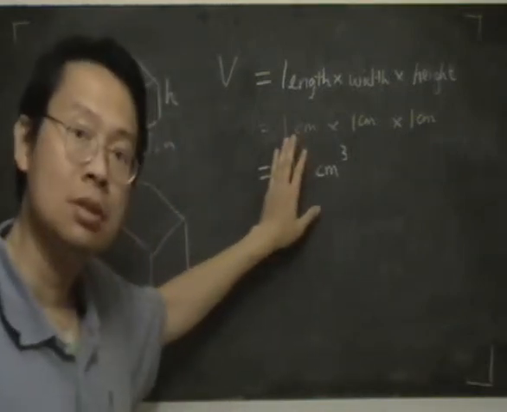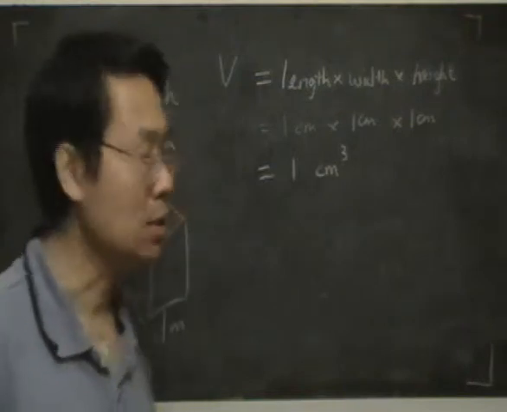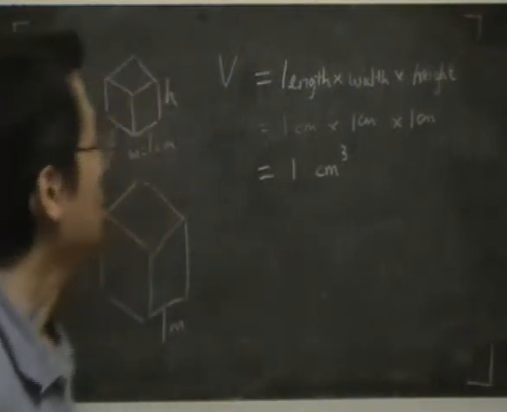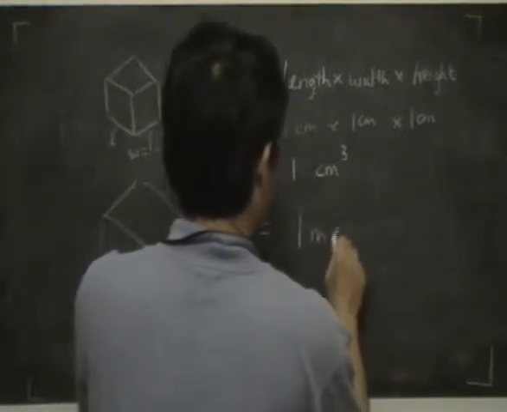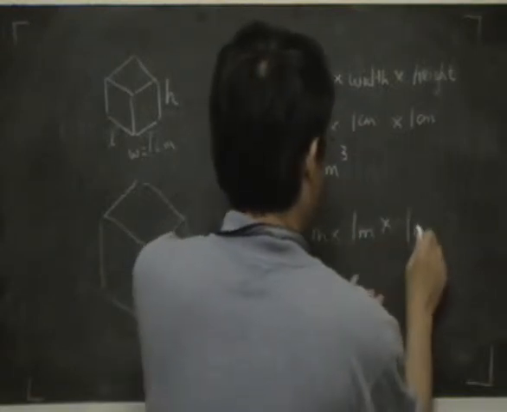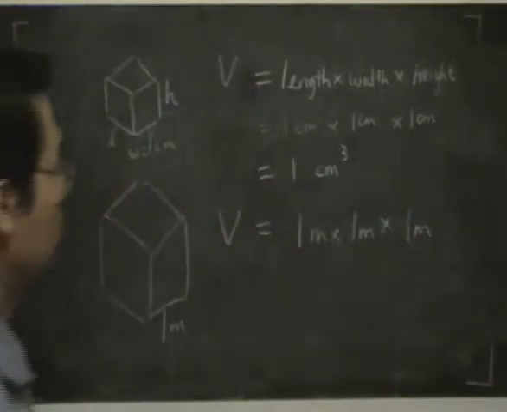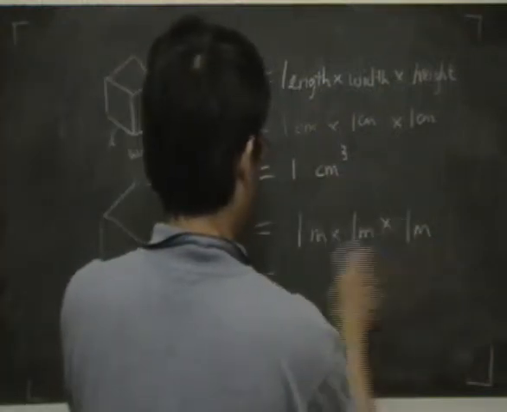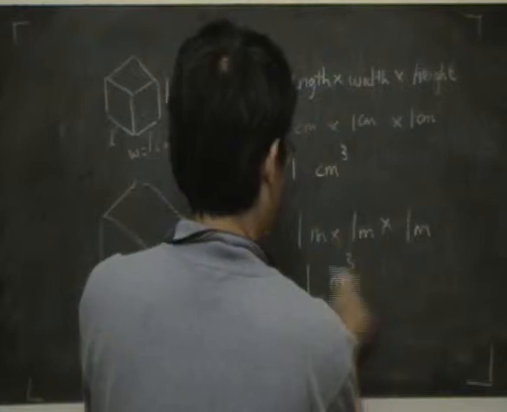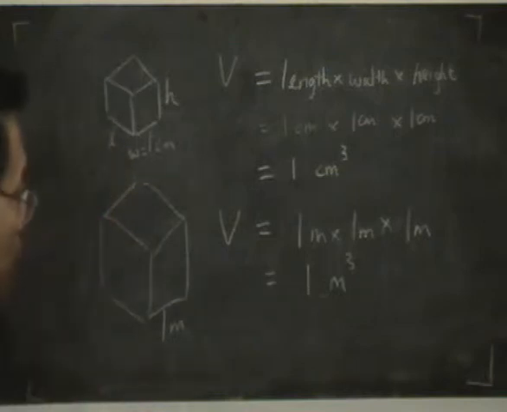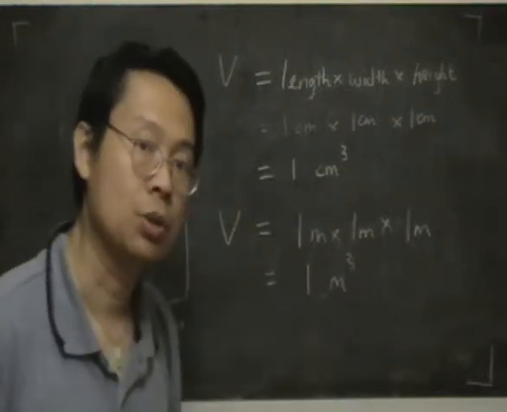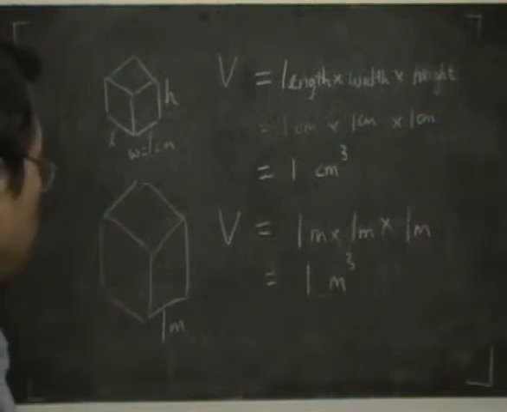The only difference, instead of 1 centimeter, we have 1 meter. So let's do that. Volume is equal to 1 meter times 1 meter times 1 meter. So in the same way, we get 1 times 1 times 1 is 1, and m times m times m is m cubed, like algebra. So 1 meter cubed is the volume of this cube.